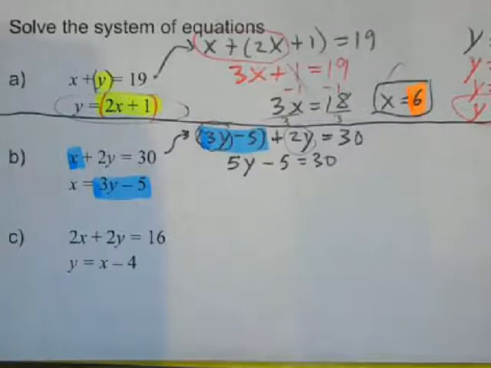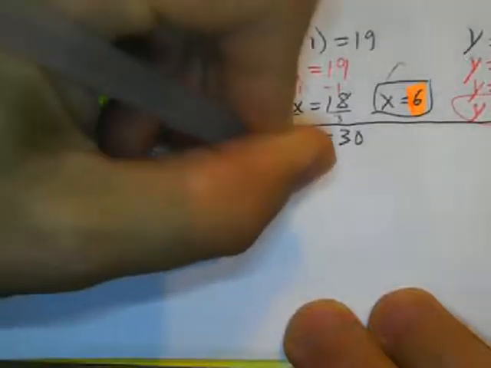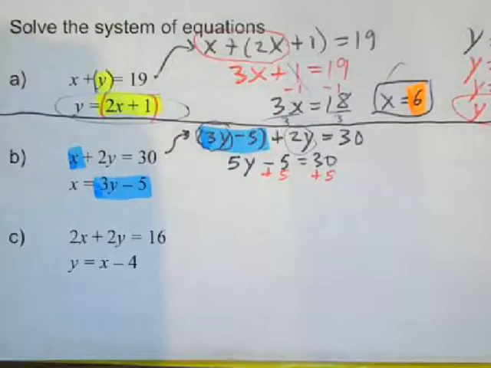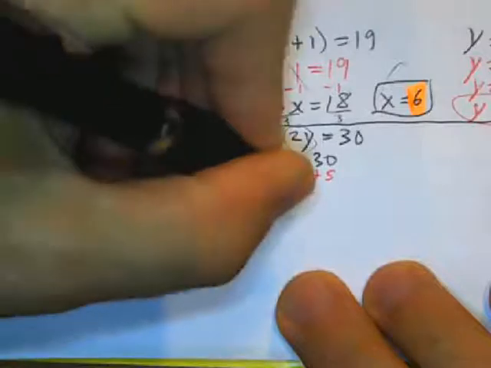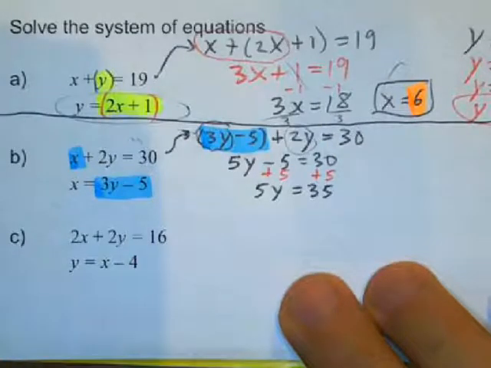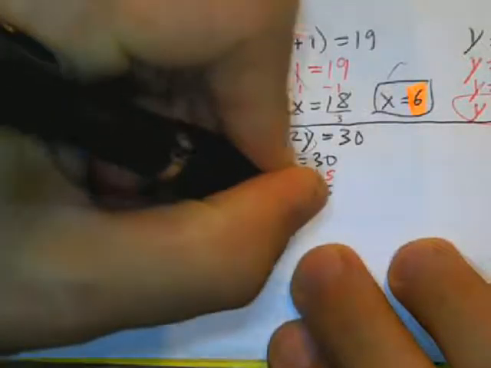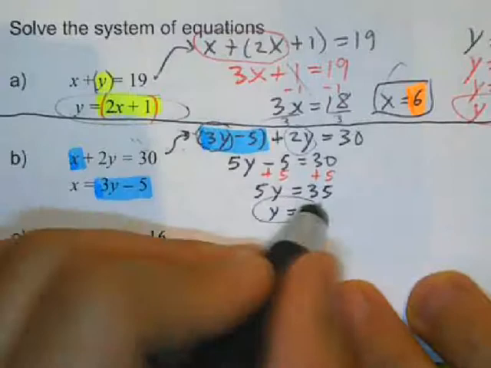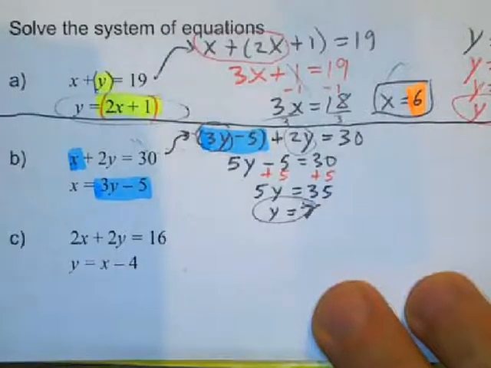Okay, next I'm going to add 5 on both sides of the equation, and now I've got 5y equals 35, and then we divide both sides by 5 and we end up with y equals 7. Okay, now we need to solve for x.